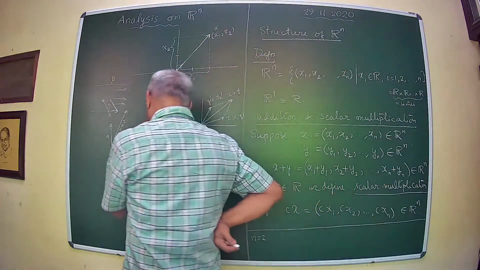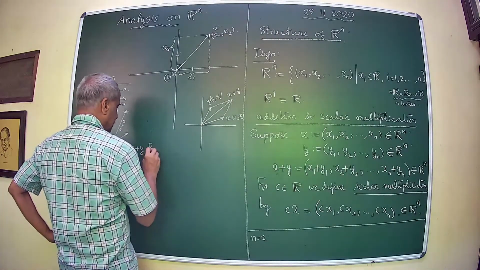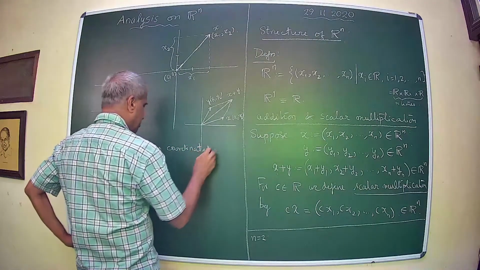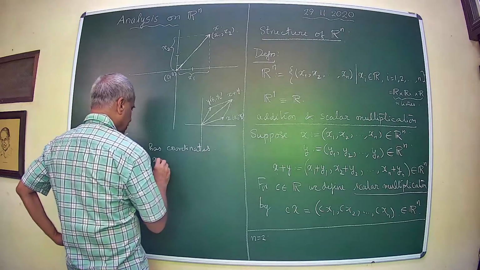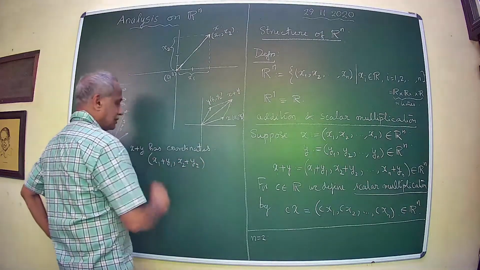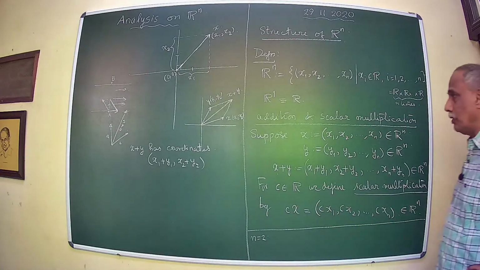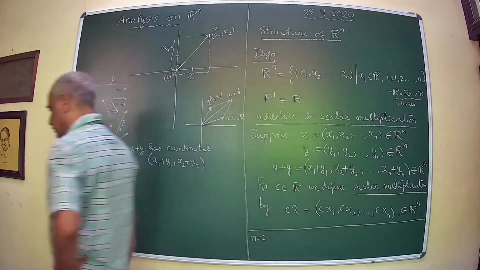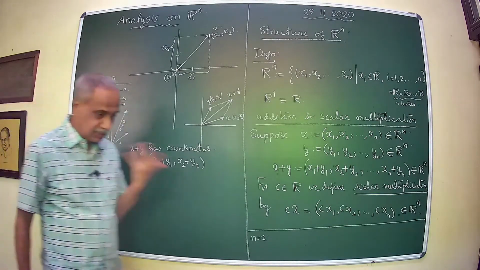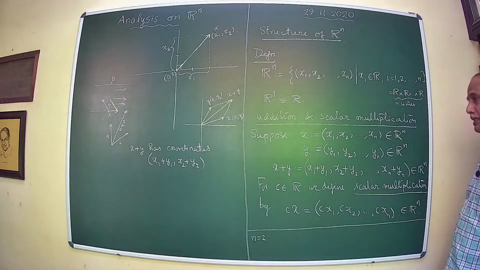It is very easily proved that x plus y has coordinates, and that is amazing and beautiful, because you see that once you identify the vectors with coordinates with respect to a certain coordinate system, then you are easily able to add two vectors.